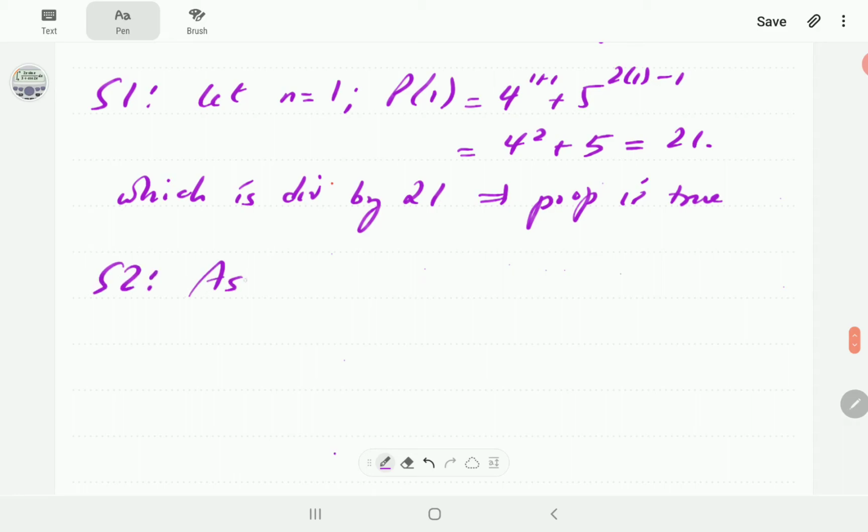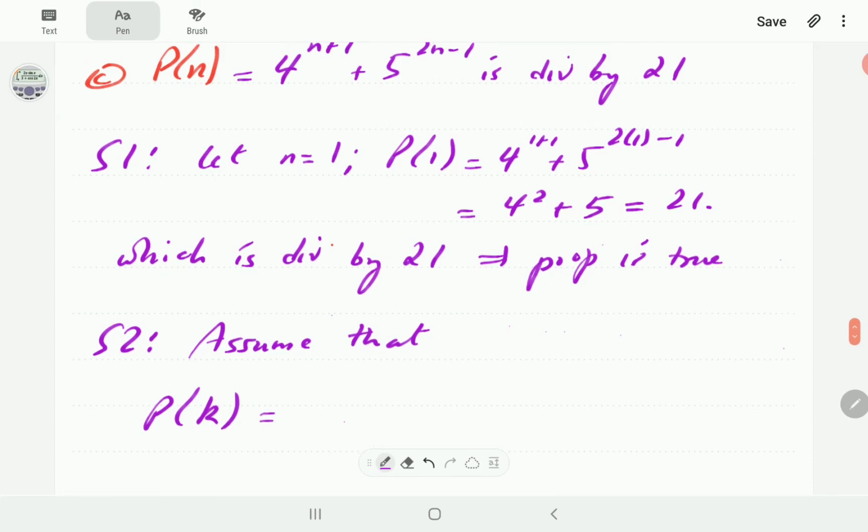Then in step number 2, we are going to assume that when n is equal to k, then 4 to the power k plus 1 plus 5 to the power 2k minus 1 is divisible by 21.